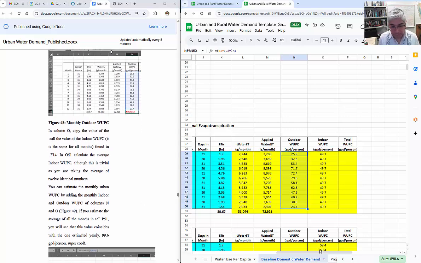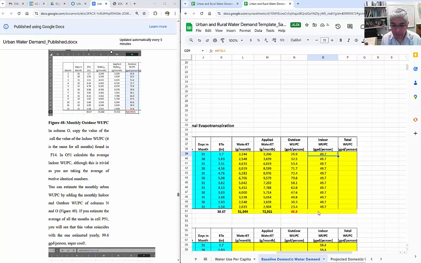Now here we can obtain the average, and it will be closer to, okay, this has to be 49.9, that was our previous value.